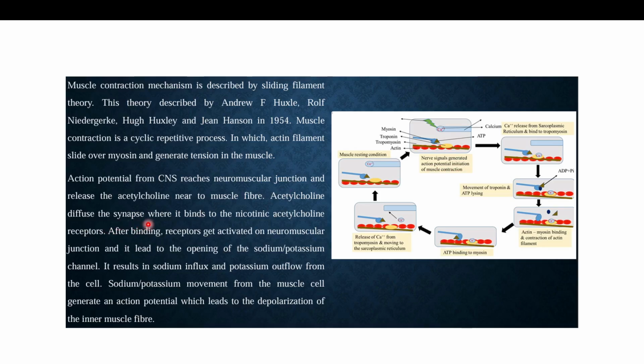So acetylcholine diffuses via the synapse where it binds the receptors, and after binding, receptors get activated, eventually leading to sodium influx and potassium efflux from the cell. This movement results in the muscle cell generating an action potential.